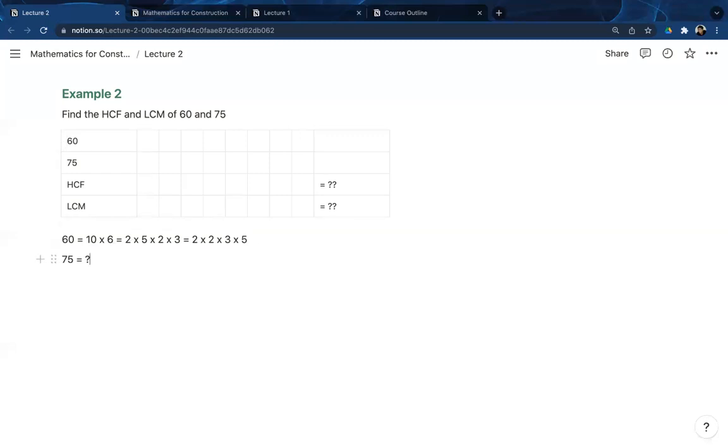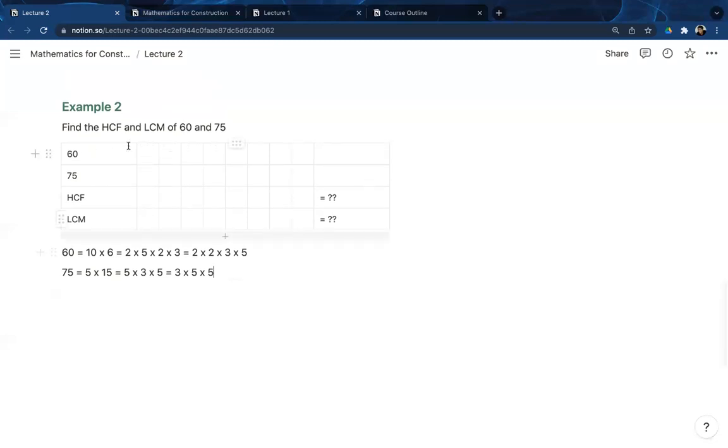Let's do 75 first. 75 is 5 by something, right? So this is 5 by, I think, 15 is what it is, right? And we can split up 15 some more. 15 is 3 by 5. So we end up getting 3 by 5 by 5. Okay. Now you fill it in the table.